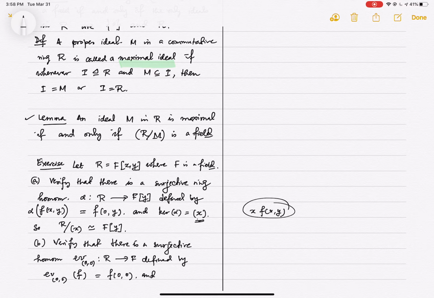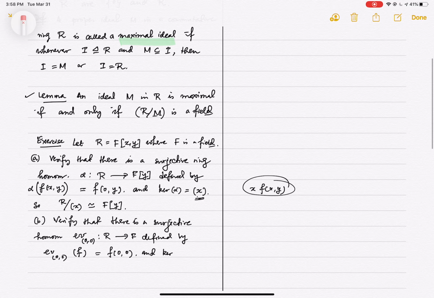And check that the kernel of this guy is the ideal generated by x and y. So all polynomials that look like x times f(x,y) plus y times g(x,y).